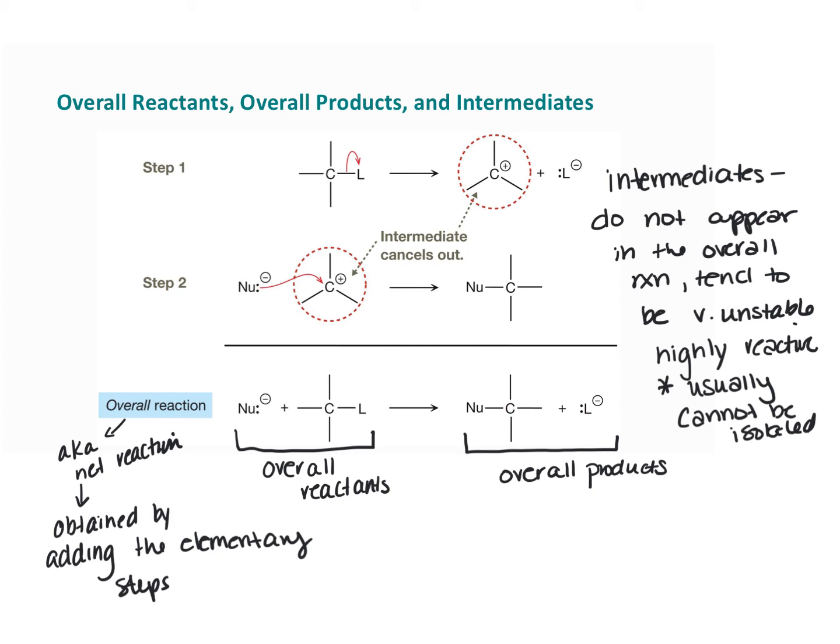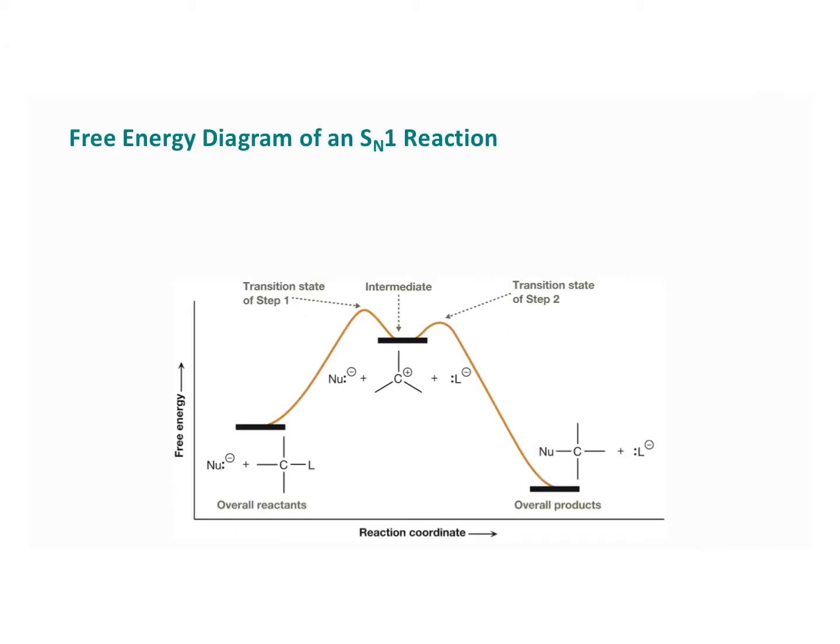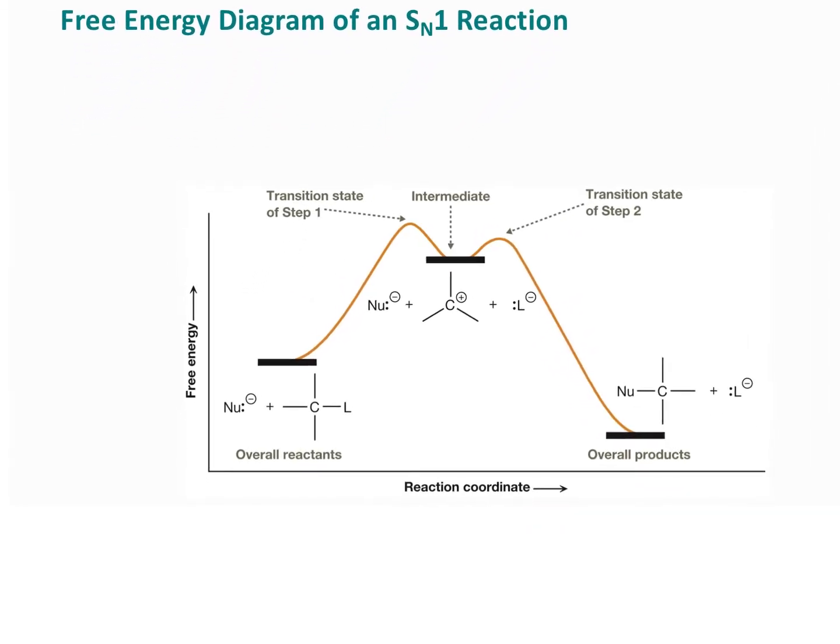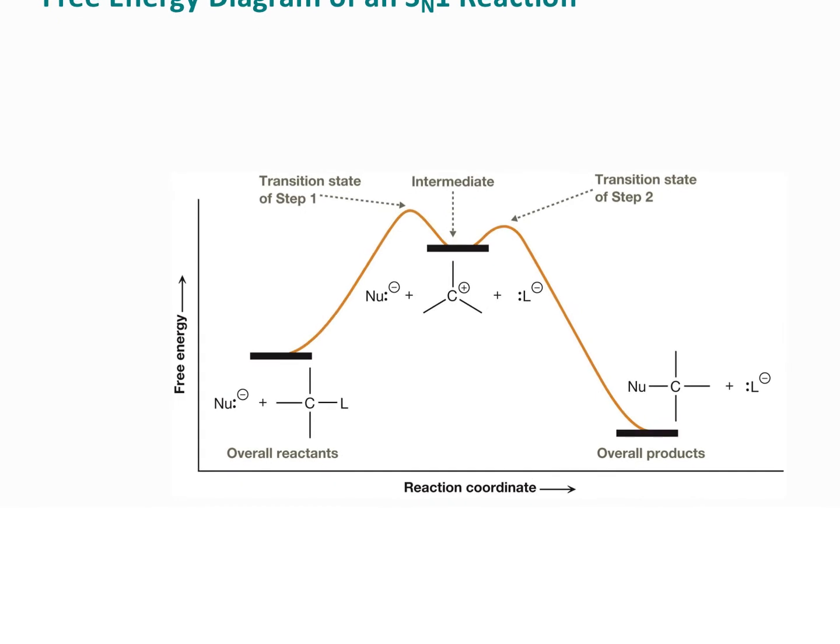So we looked at the free energy diagram of an SN2 reaction, but let's look at the free energy diagram of an SN1 reaction. I want you to notice that the Gibbs free energy is plotted here on the y-axis, where the reaction coordinate or the reaction progress is plotted on the x-axis.